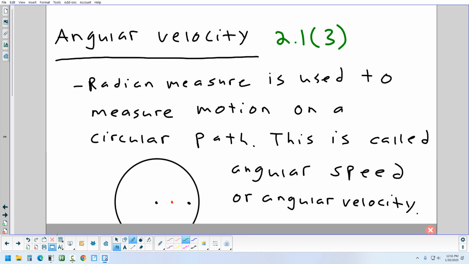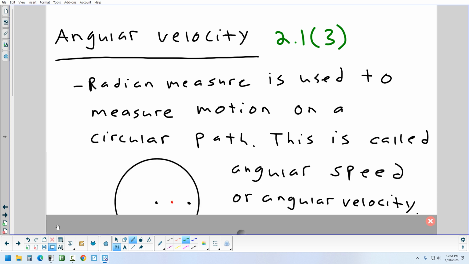So angular velocity could also be called angular speed. That's the same thing. It measures the speed of something spinning. Now, there are technically three units that we can use to measure the size of a spin. We could measure revolutions, that measures something spinning. We could use degrees, that also can measure something spinning.